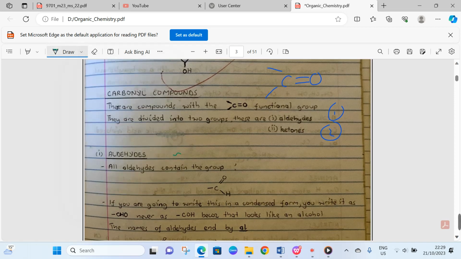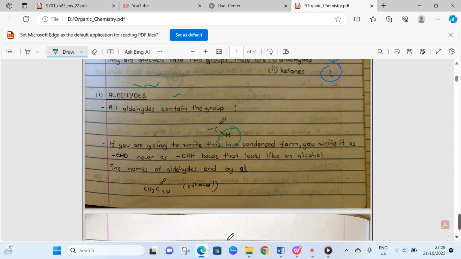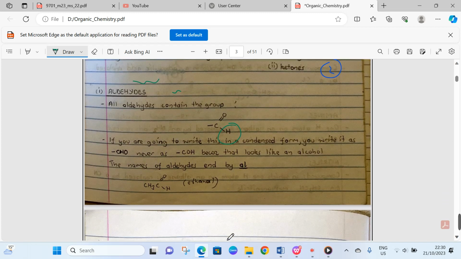How's green? Yes, green is okay. In the aldehydes, one of the other groups here is a hydrogen atom that you can see here. Okay, if you've got a carbonyl group whereby one of the other groups is a hydrogen atom, that becomes an aldehyde, right?